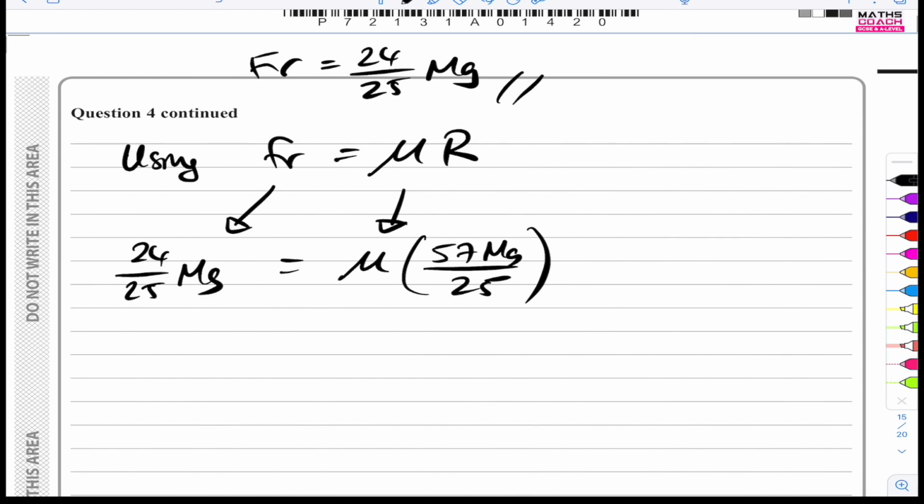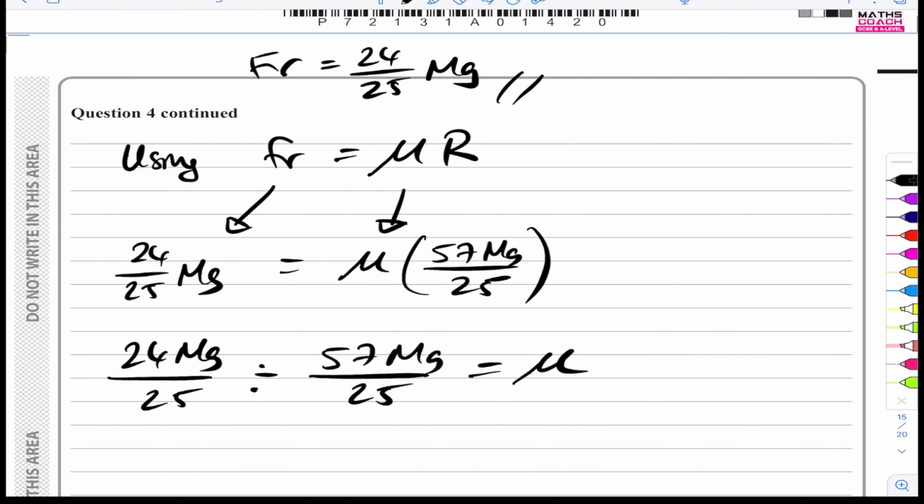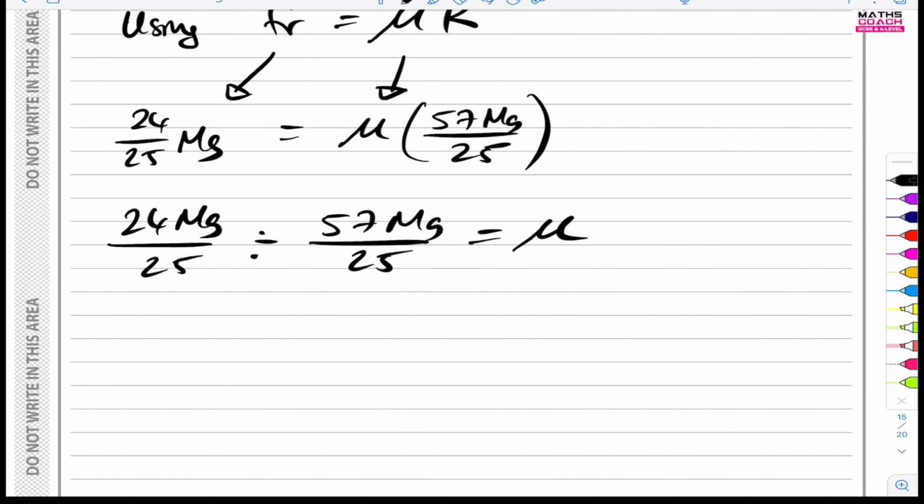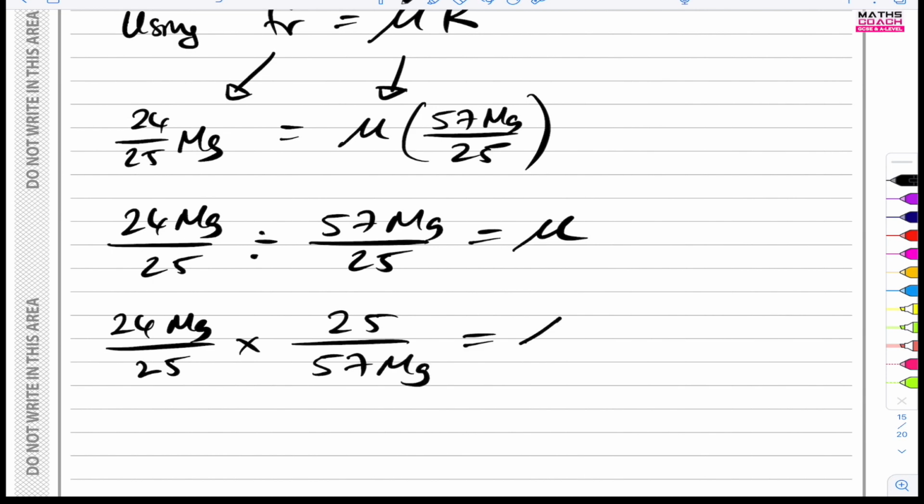So we're going to have 24 mg over 25 divided by 57 mg over 25 equaling mu. Now when it comes to division, keep, change, flip. So therefore we're going to have 24 mg over 25 times by 25 over 57 mg equals mu.